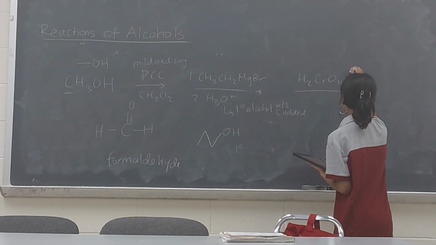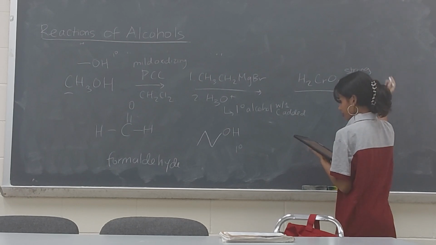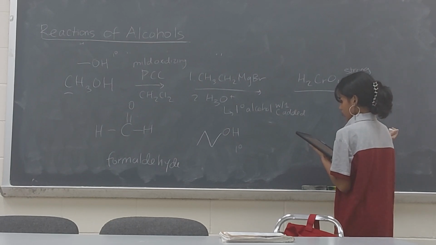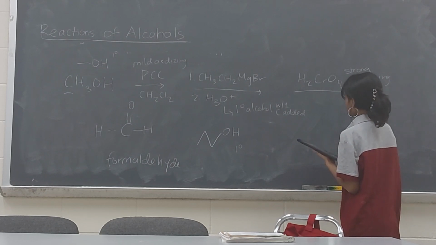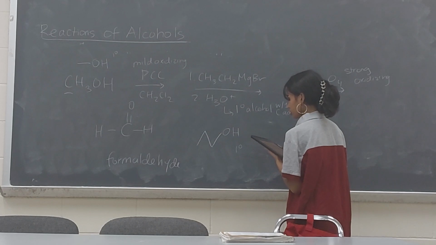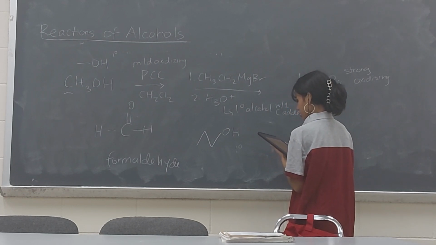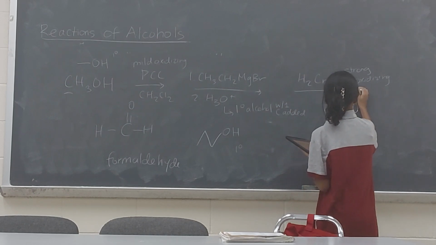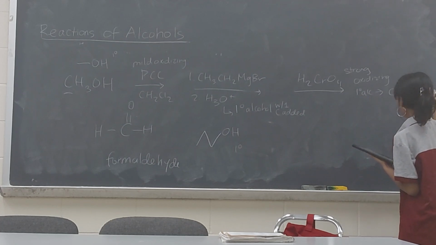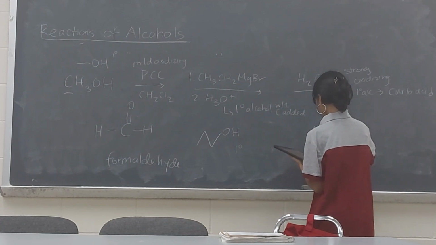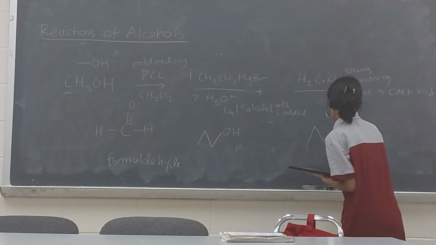Chromic acid will turn the 1 degree alcohol into a carboxylic acid. Yeah. Keep 1, 2, 3 carbons.